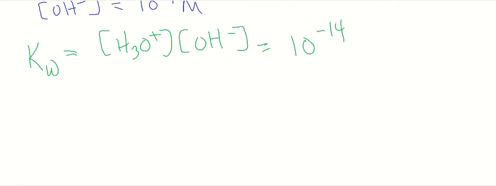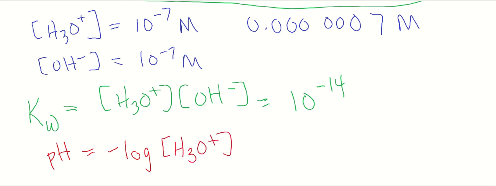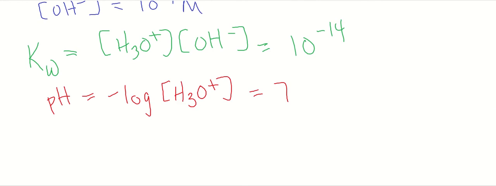So if we want to get the pH, let's do that. We just take the negative log of the hydrogen ion or the hydronium ion concentration. Negative log of 10 to the negative 7, you get 7. So the pH of pure water is 7.